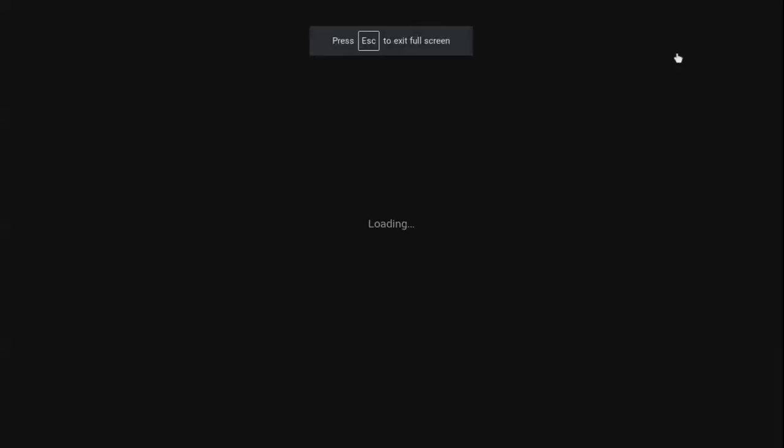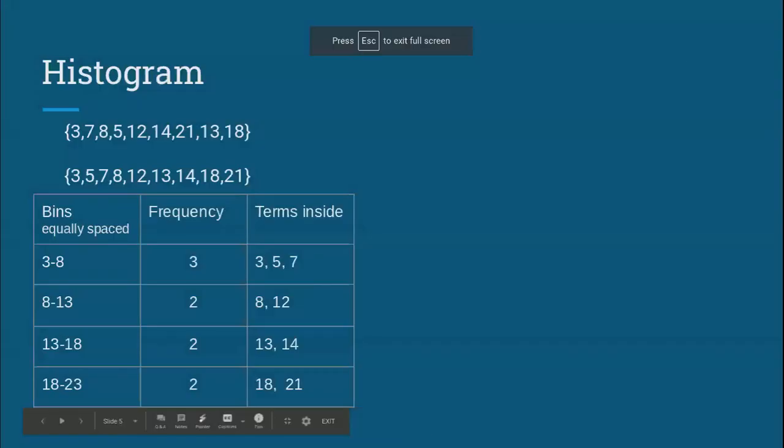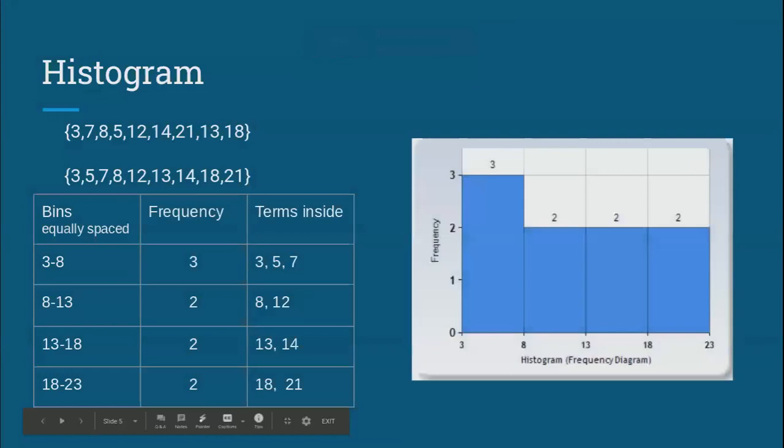Okay, so that's just a little reminder that the bins are equally spaced.